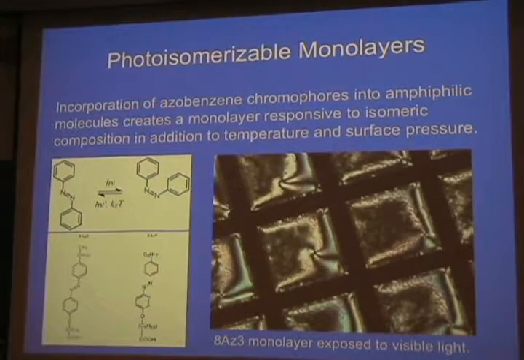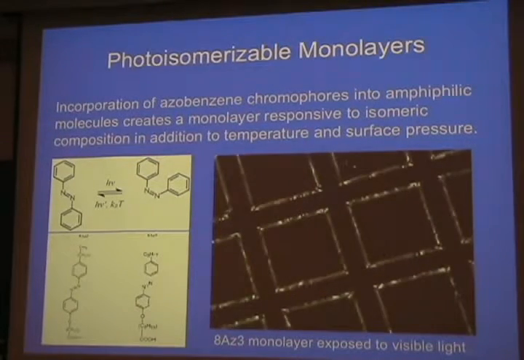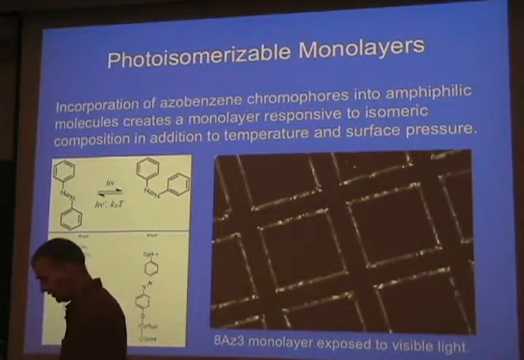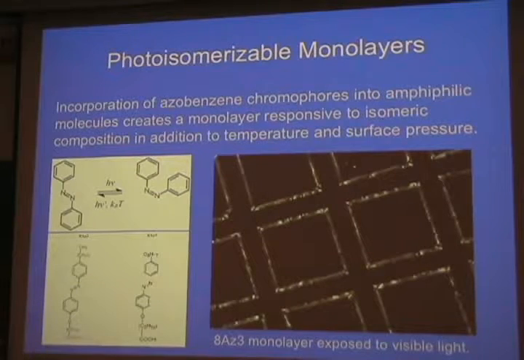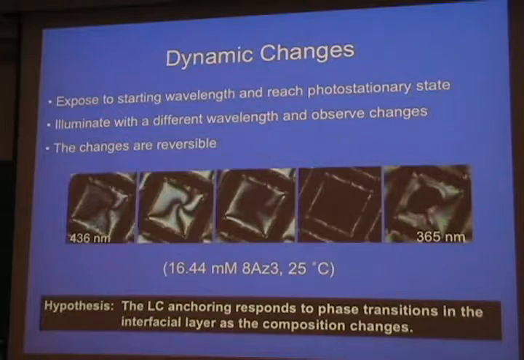And that's where it ends. That becomes the new stable state when illuminated with this particular wavelength of light. So it's pretty complicated. This effect, by the way, is reversible. If we allow it to thermally relax, it will go back through the same sequence of phases.